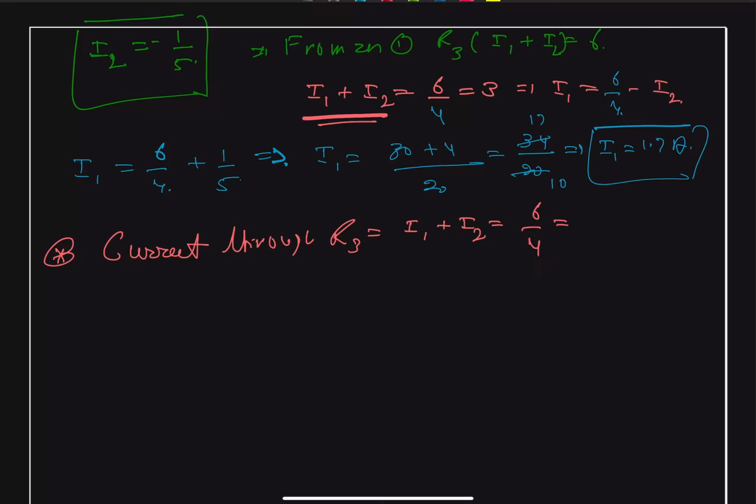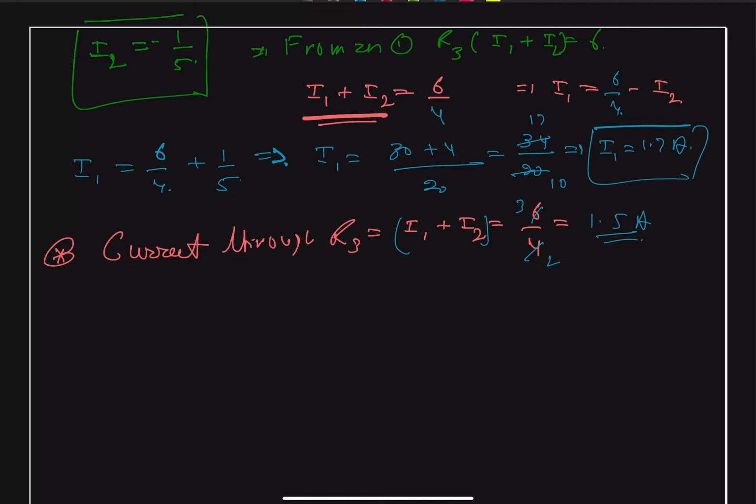Or we can just cancel it. This goes by 2 and this goes by 3. So we get this current will be equal to 1.5 amperes. This is the current through R3.